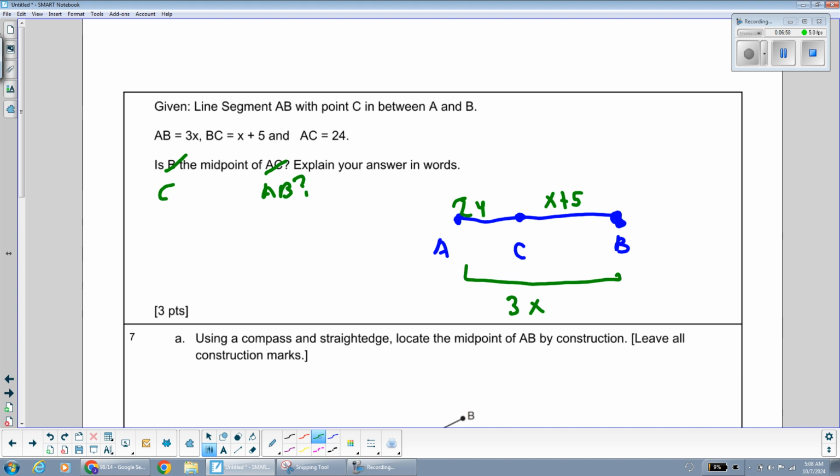of AB? We know that this part and this part together, the AC part and the CB part together, make the whole line segment AB. So if I put the 24 part and the x plus 5 part together, that makes the whole line segment, which is 3x. 24 and 5 is 29.